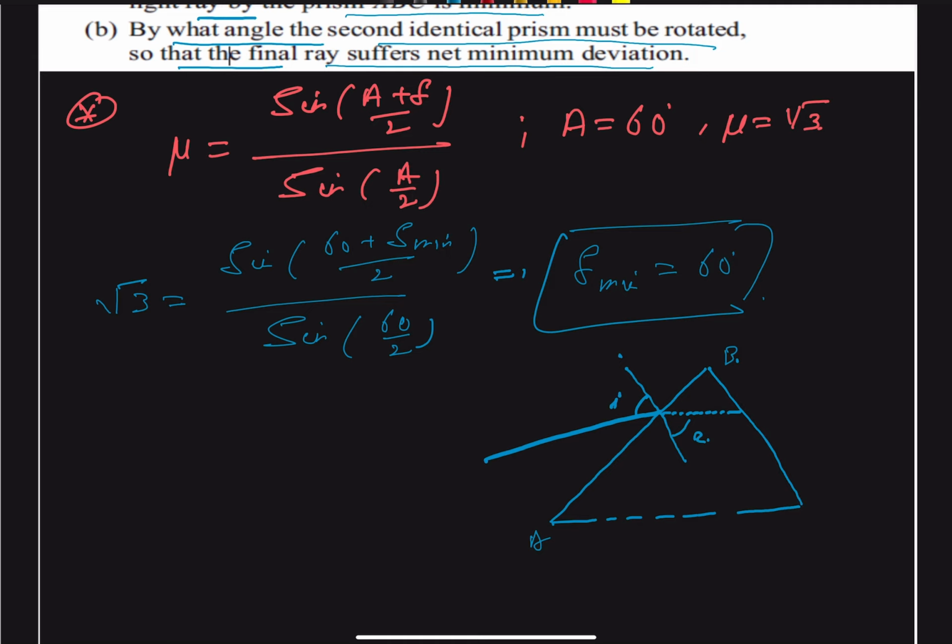So we can call this R1, and here R2, and this is our A. We already know the relationship that R1 plus R2 is equal to A, and at minimum deviation R will be equal to A by 2.